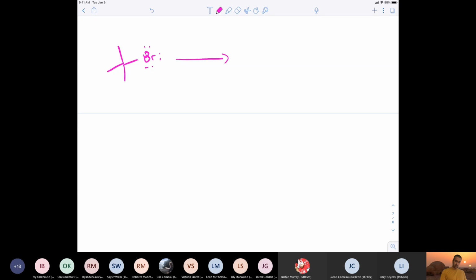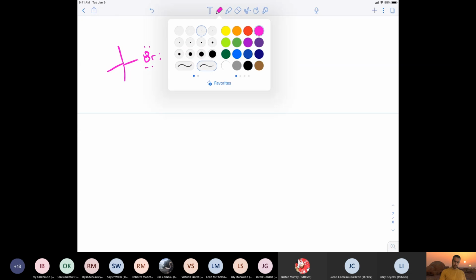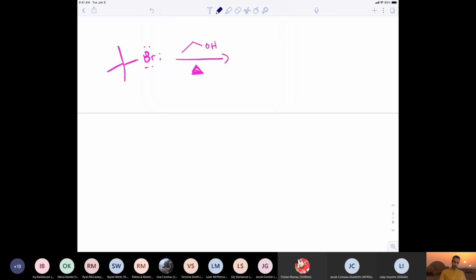And let's give it ethanol. And we're going to heat this thing. This little triangle means heat. What happens is we have a protic solvent and we've got heat in here. Those are recipes for ionizing tertiary alkyl halides. We might predict Sn1 here.